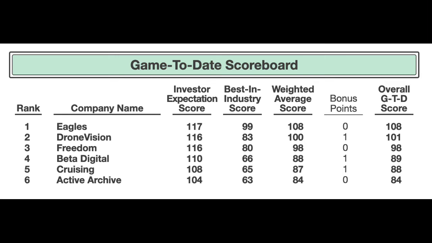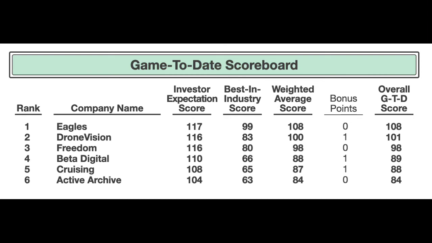Now, once we get down to Team B at 89, yes, they did gain a bonus point, but now there's a bigger gap. You really want to stay 90 or better with the game to date because Team E is at 108. Now, if Team E didn't exist and Team D was winning so far at 101, then 89 is not too bad.